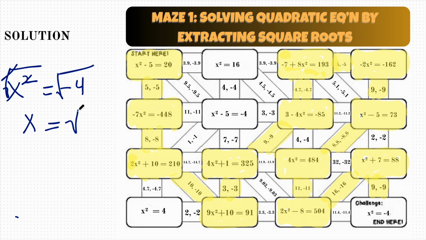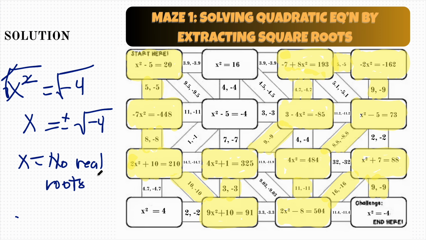Then the square root of negative 4. I think the answer is not a real number. It's imaginary. So in this equation, we have no real roots, or I should say, no real solution.